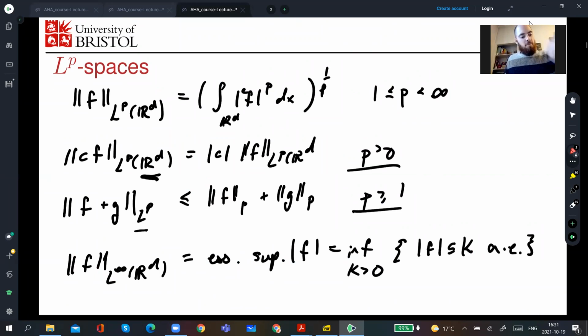The space of LP is an equivalence class. Each element of an LP space is an equivalence class of functions. Those functions are the same almost everywhere, meaning up to a set of measure 0, and they have the same LP norm in that equivalence class.